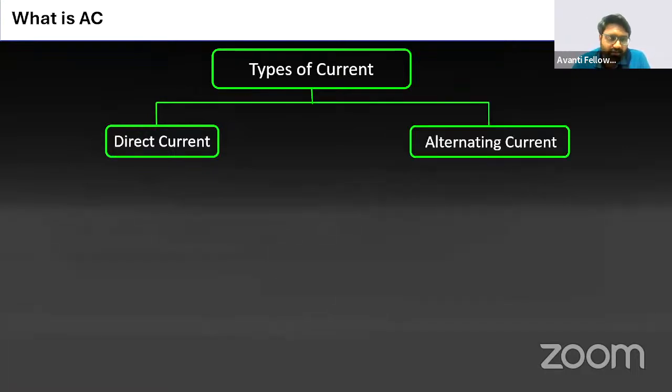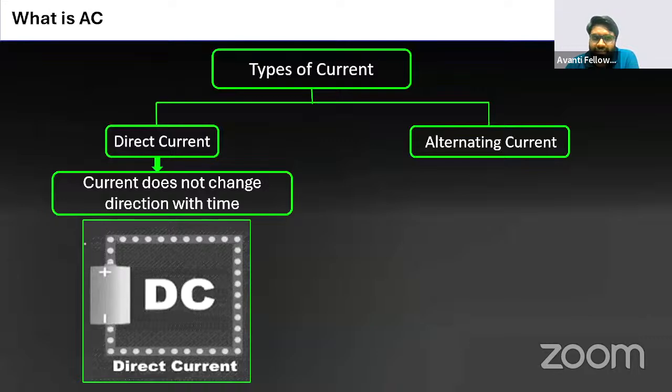Till now, whatever current we have dealt with in the current electricity chapter or in any question before this chapter, whatever value of current we defined automatically lies in the category of direct current. But in this chapter, we will see what alternating current actually is and how it is different from the direct current we have studied. Remember, the types of current are direct current and alternating current.